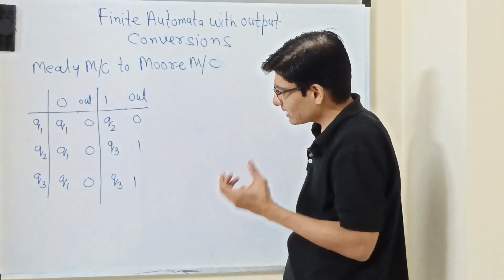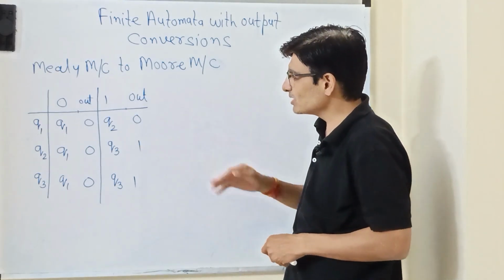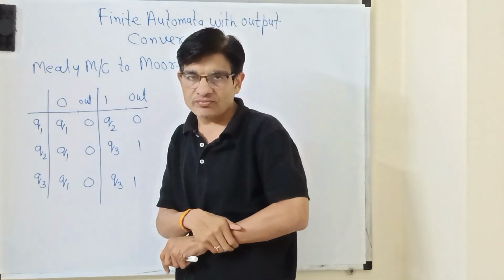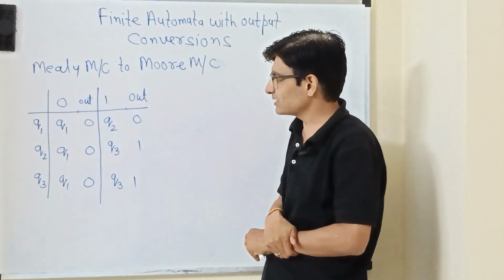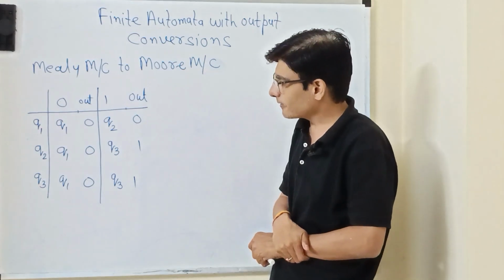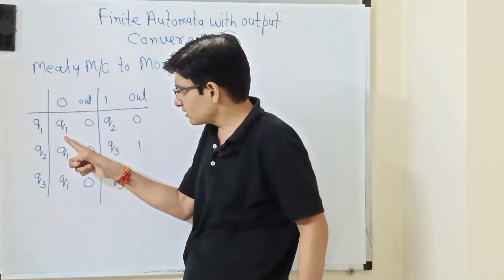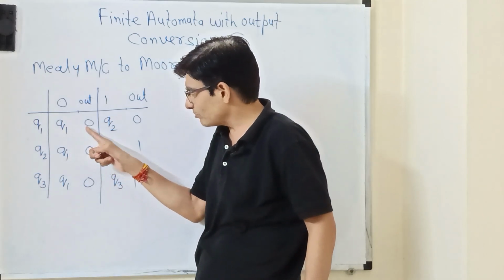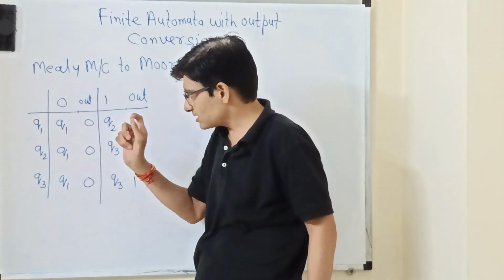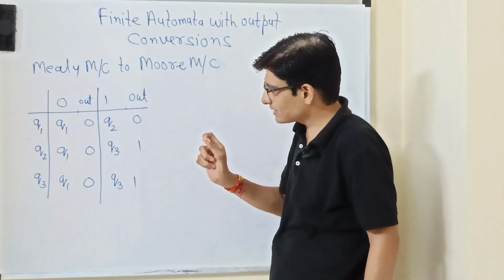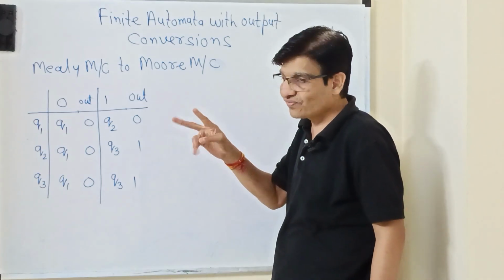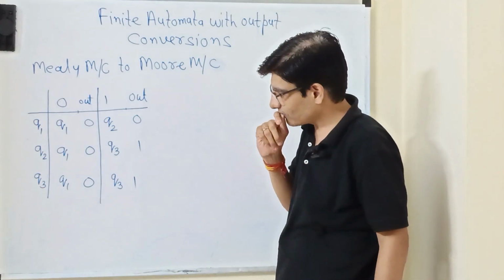Before starting the conversion, you must see the transition table of the Mealy machine very carefully, and especially check whether every time only one symbol is associated with a state or two different symbols are associated with one state.